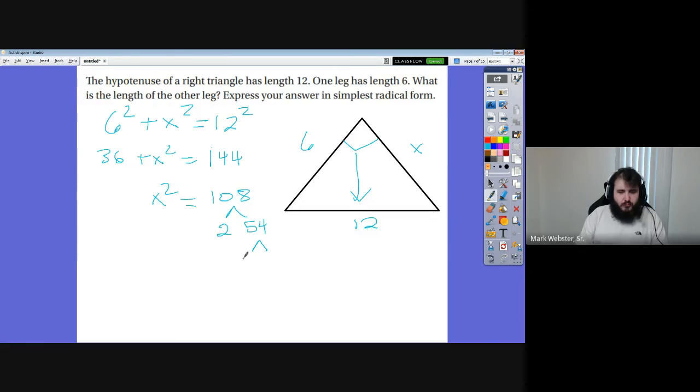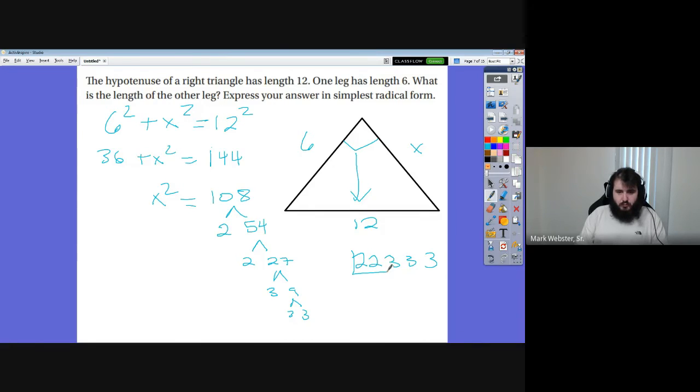Always check your 2's first. Half of 108 is 54. Half of that is 27. So no more 2's go in, but 3 does go in. So we got 2, 2, 3, 3, 3.